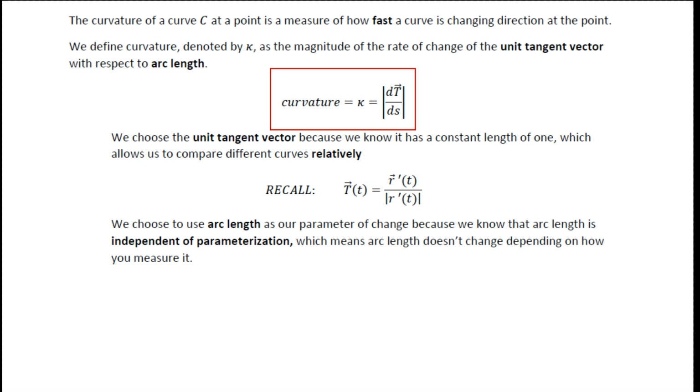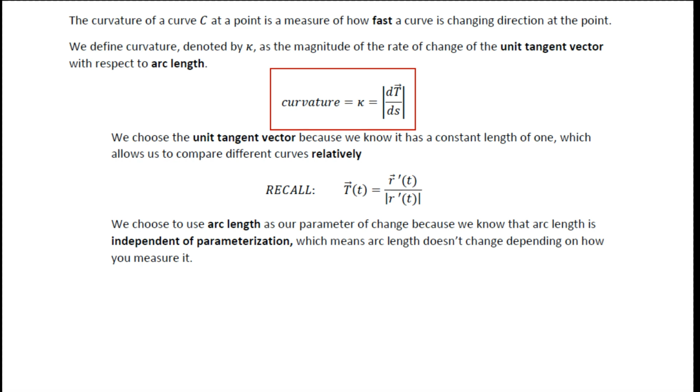Notice curvature is just going to be some sort of scalar number. And what we're going to try to do is actually come up with a scalar function, a regular function like f of t, so that we'll be able to find the curvature of our function at any point.